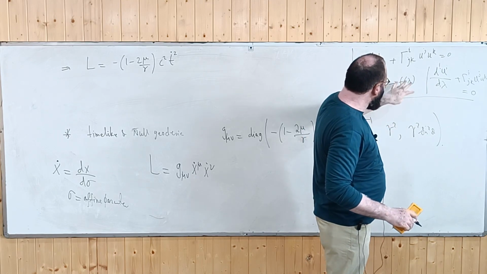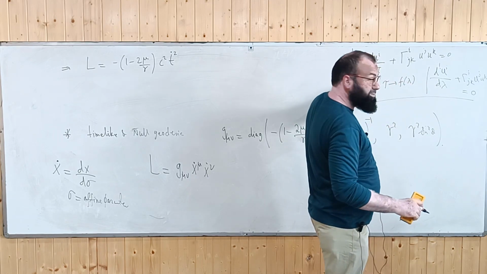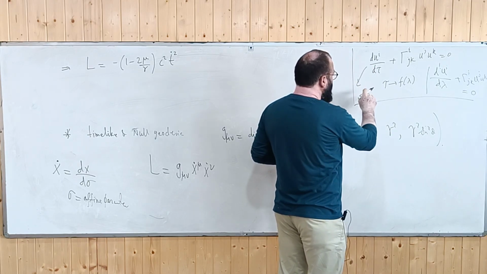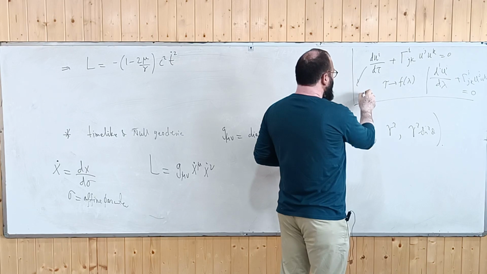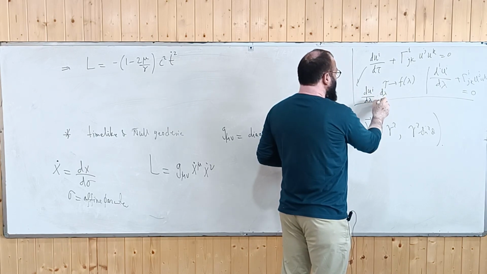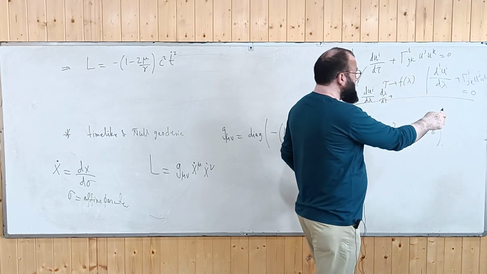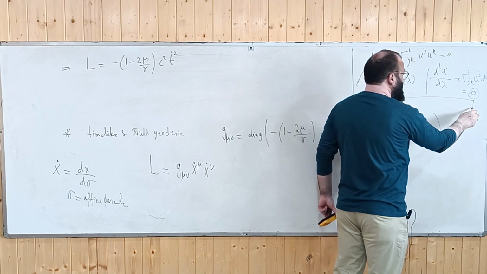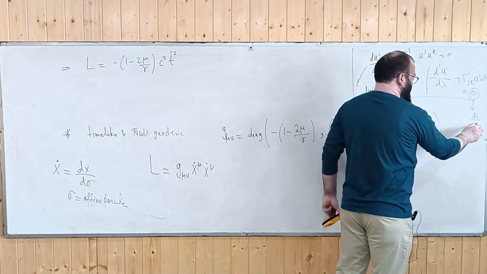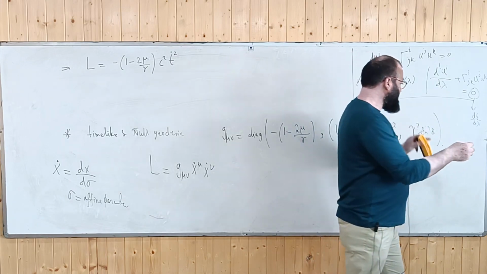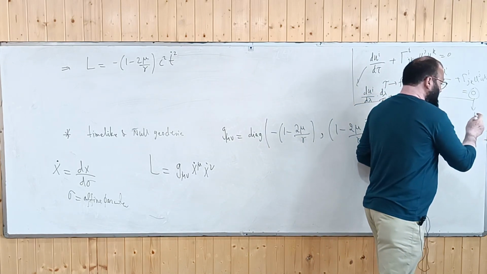If you change the formula by the chain rule, you have d u^i by d lambda, then d lambda by d tau, and similarly on the right hand side, instead of the 0, you will get a derivative of f, for example, with respect to tau.